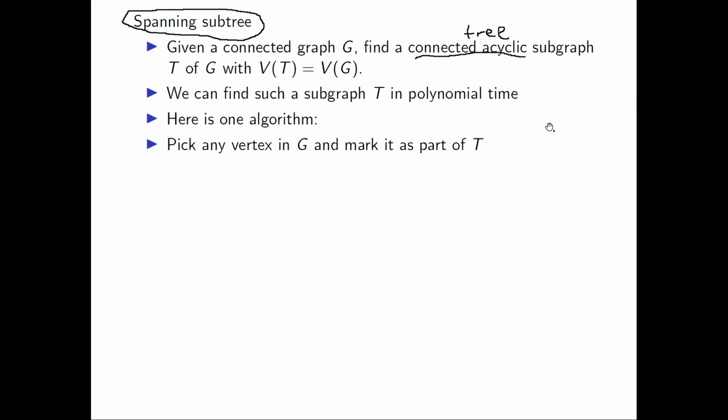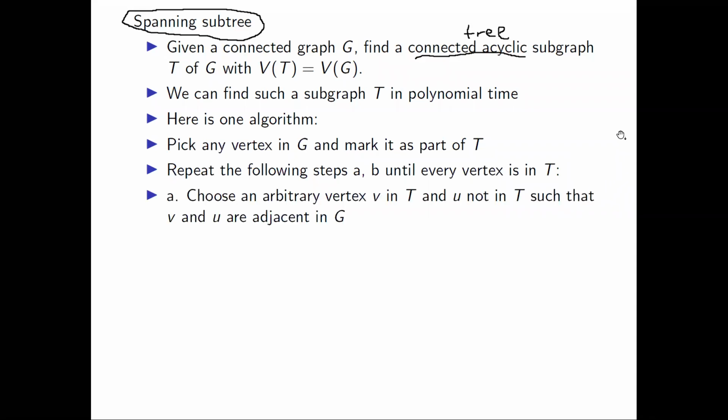So in the beginning of this algorithm, we just pick an arbitrary vertex in our connected graph G, and we mark it as part of T. T is the tree that we're building. So in the beginning, we're just starting with T as a single vertex with no edges. And then we have these two steps, A and B, and we repeat them until every vertex in the graph G is in T. So step A, we choose an arbitrary vertex V in our tree T and U not in our tree T. When I say in T and not in T, I mean currently.